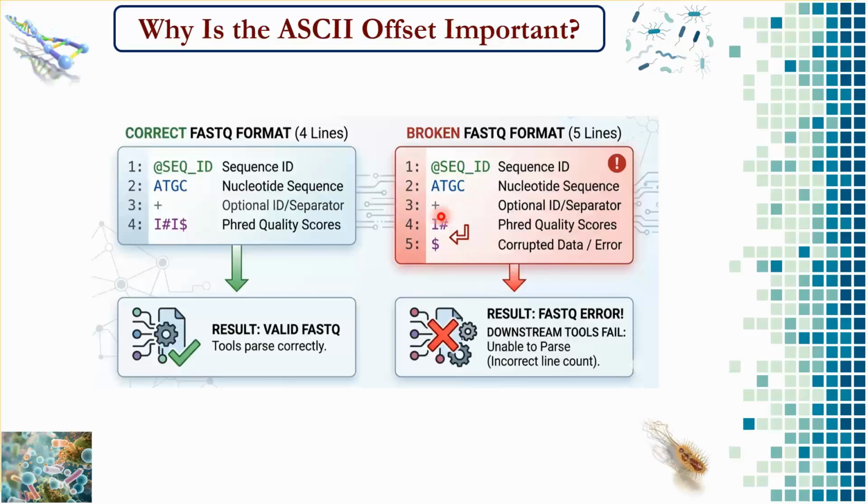After the second base, there is a new line character. Now the entry becomes 5 lines instead of 4. This completely breaks the FASTQ format, and downstream analysis tools can no longer parse this file correctly. This is exactly why FASTQ avoids non-printable characters and uses offset encoding to ensure all characters remain visible and safe.